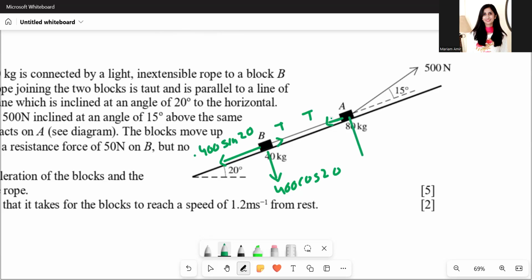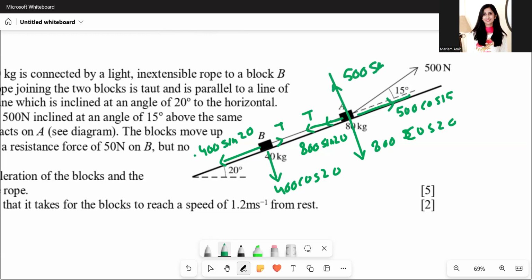Then there's going to be 800 cos 20 here, and in this direction, we'll have 800 sine 20. Also, we have two components of the force, 500 cos 15 and 500 sine 15. And also we have R in this direction and R in this direction.